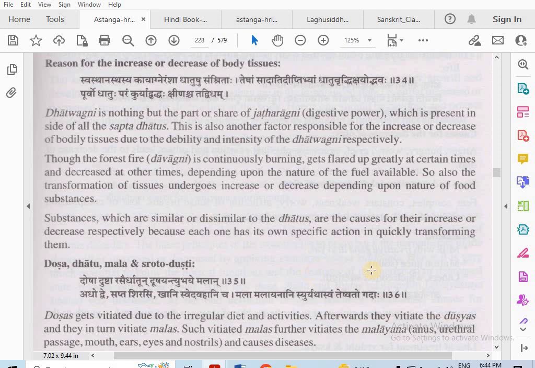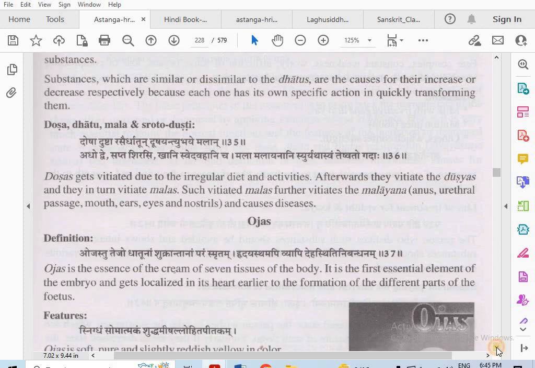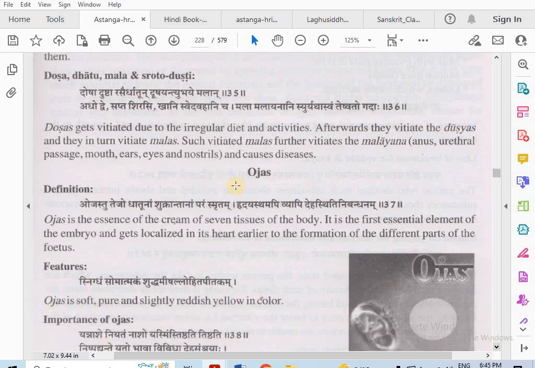Now, after this, they are talking about dosha, dhatu, mala, and sroto dushti. All of us know dosha, dhatu, and mala, and sroto means channels, and dushti means the spoiling.